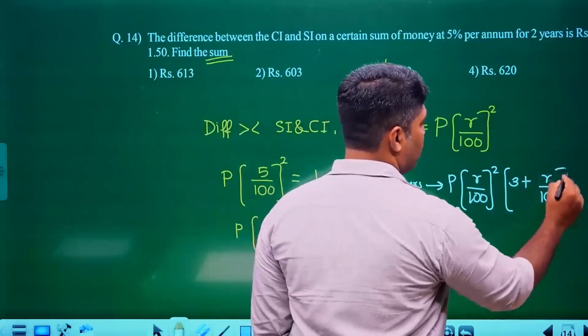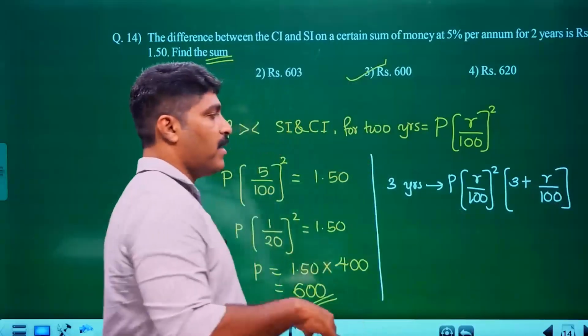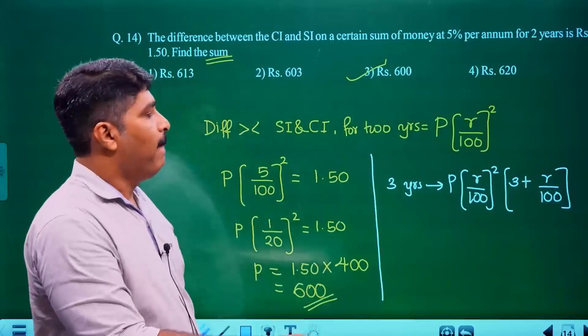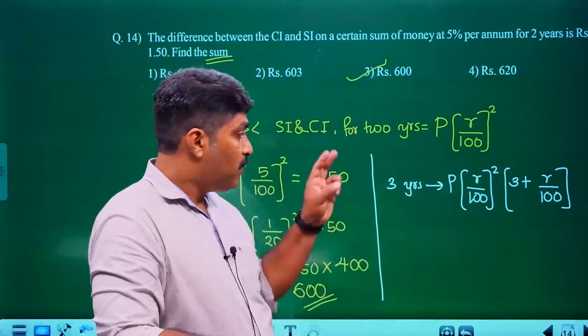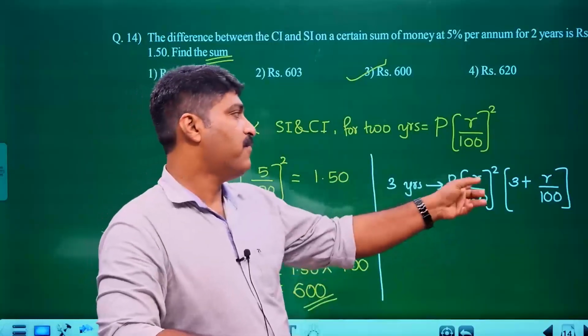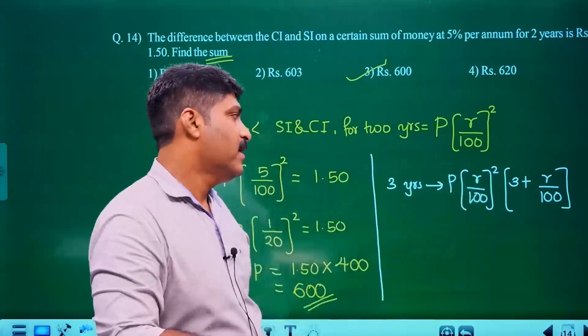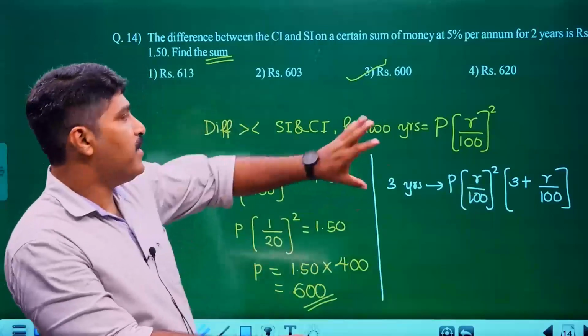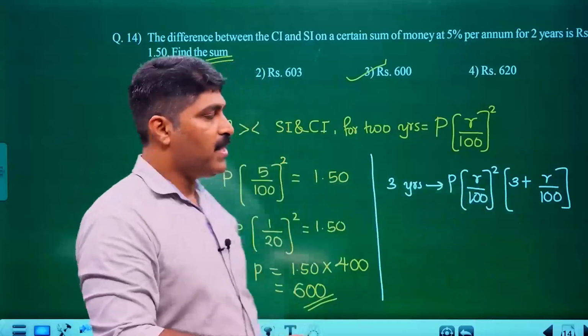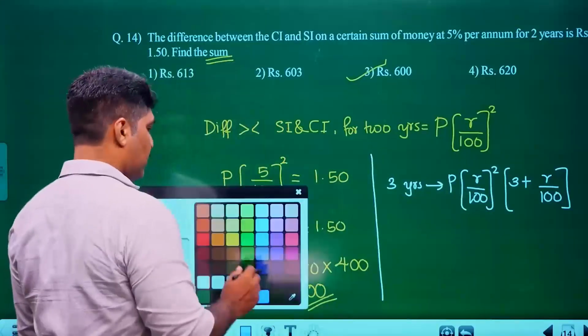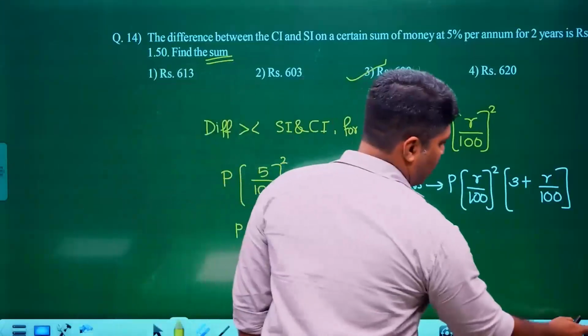So that's the difference between simple interest and compound interest on a particular sum at the same rate of interest R% per annum for 3 years. The difference we can find using this result. That is P into R by 100 the whole square, up to that one, that's the same as the first result, and there is an additional extension of 3 plus R by 100. So that's the result. Note it down.